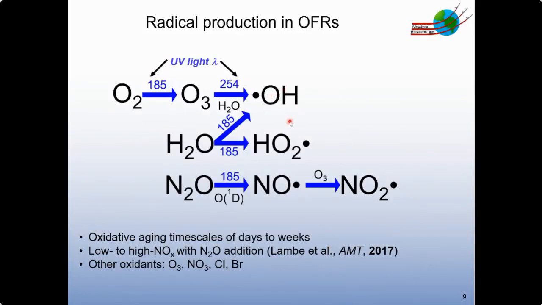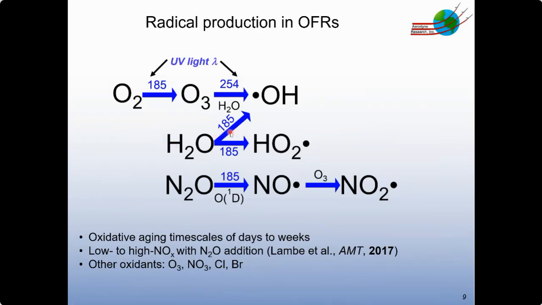So hydroxyl radicals, which are the main oxidizing agents in most source regions during the daytime, are generated starting with oxygen, which is photolyzed at 185 nanometer radiation, either external to the OFR to make ozone in a separate ozone chamber, or in situ to generate ozone and then photolyze it at 254 nanometers to make OH radicals from reaction of O singlet D atoms with water vapor, which is the main source of OH in the stratosphere and in many lower parts of the troposphere also.